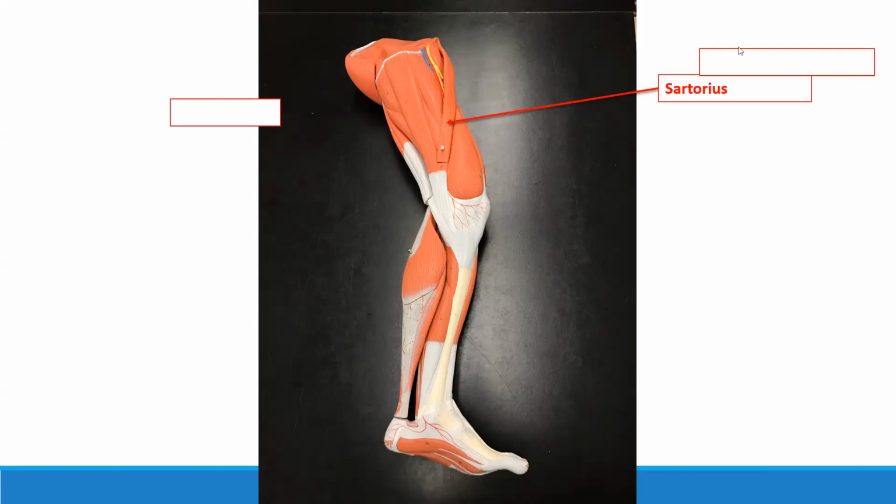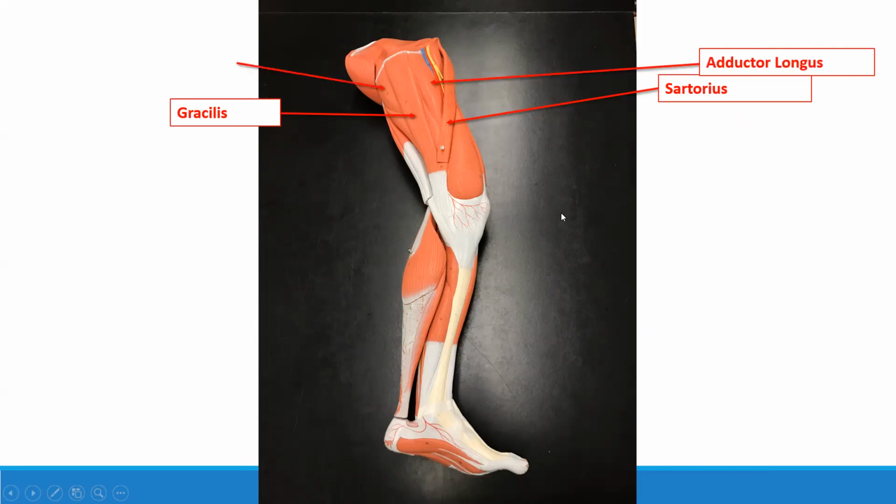We've also got the gracilis. The gracilis runs from the groin area all the way down to the knee on the medial side of the thigh. We have the adductor magnus and the adductor longus.